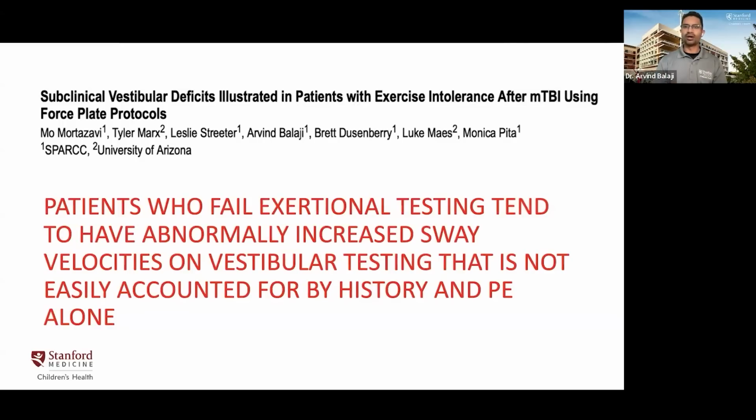We found that among those who reported no symptoms prior to the start of activity, but then had symptoms afterwards, so they had some sort of exercise intolerance, reliably their balance seemed to be affected post-exercise compared to pre-exercise. So it seems that those who fail exertional testing have abnormal sway velocities, meaning they have worse balance issues after exercise. This is important to know because the patients themselves aren't necessarily aware of this.